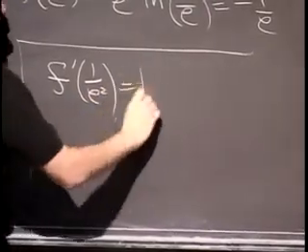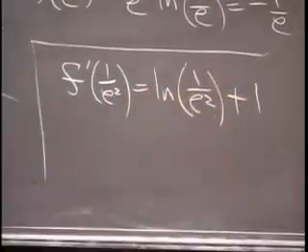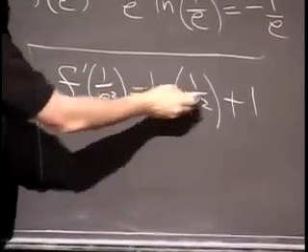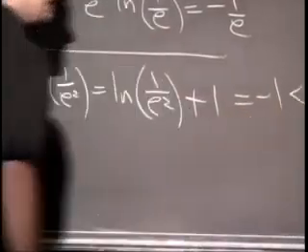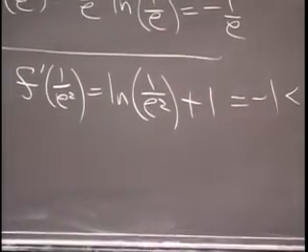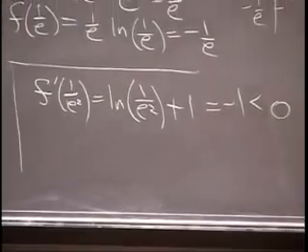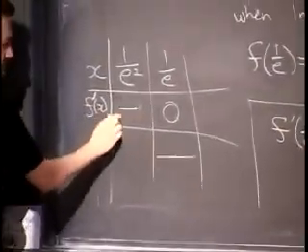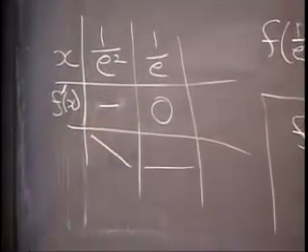It's log of 1 over e squared plus 1. And if you compute this, this is minus 2, and this is 1. So you get negative 1. The only important thing about that is that it's negative. So the derivative, when you're a little bit to the left of 1 over e, is a negative number. A minus sign here. So the tangent is going downwards.